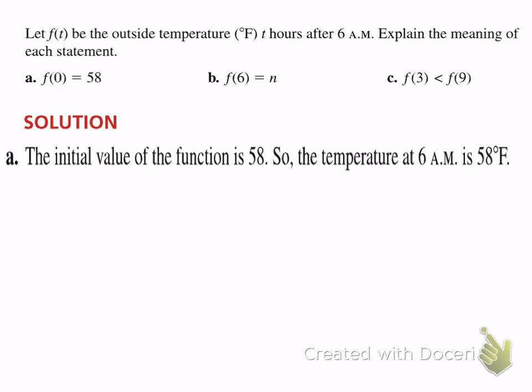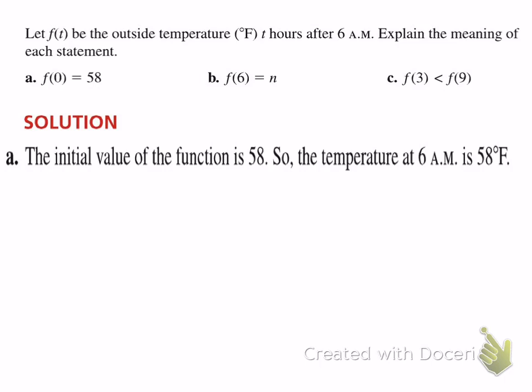What does this mean? Ian. The temperature at 3 hours after 6 a.m. is less than the temperature 9 hours after 6 a.m. Does that make sense? Yeah. What's 3 hours after 6 a.m.? 9. And 9 hours is like 3 o'clock. Is it likely that 9 a.m. is going to be a lower temperature, cooler than at 3?